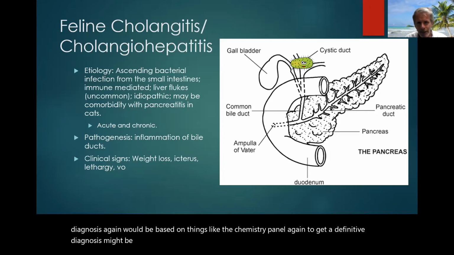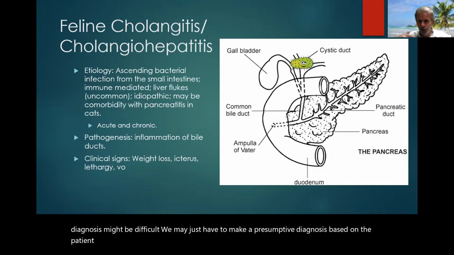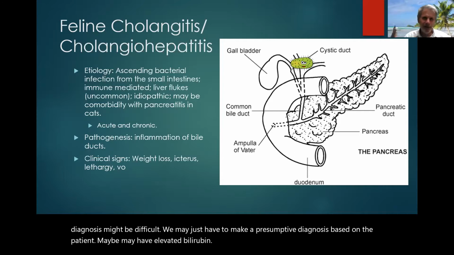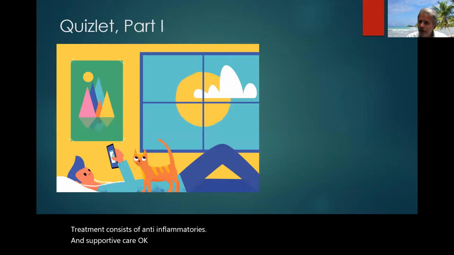We may just have to make a presumptive diagnosis based on the patient may have elevated bilirubin, have icterus, be vomiting, be not wanting to eat. Treatment consists of anti-inflammatories and supportive care.